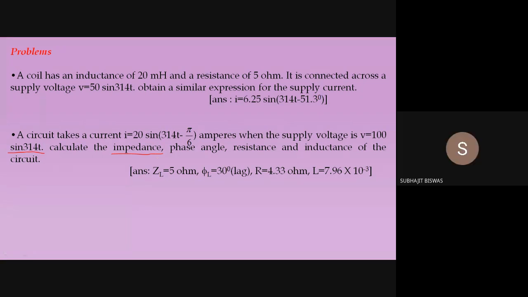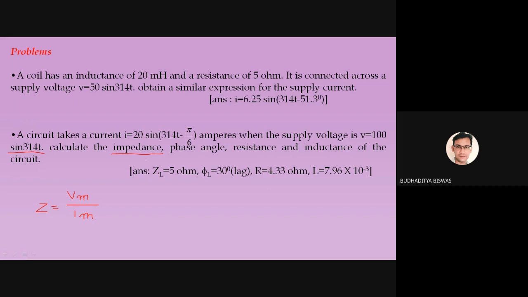Sir, root over R square plus XL square. Impedance Z can be Vm by Im. So many formulas are there. Not every time must we write root under R square plus XL square, because this data is given.